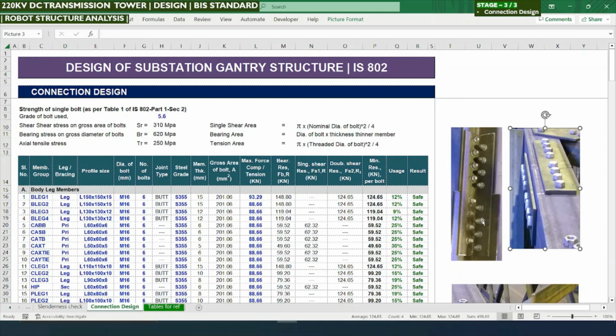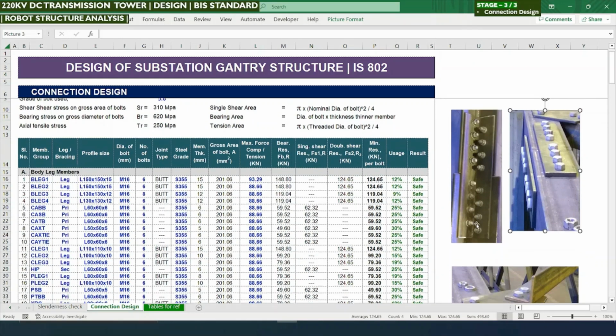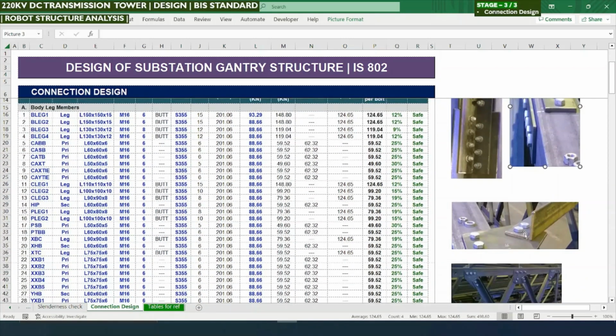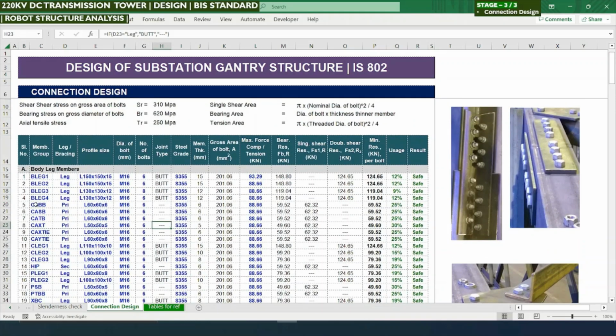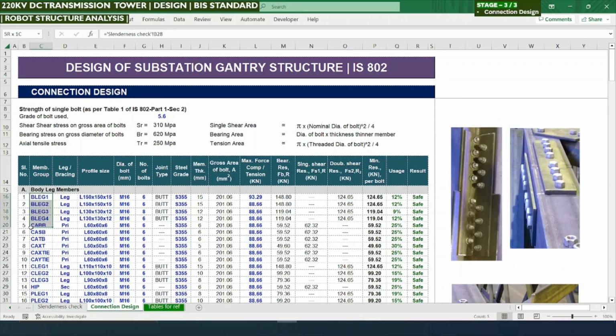That is why we say double shear resistance is applicable for main leg members, but here only one flange is fitted to the bracing member with the bolt, so only single shear is applicable for the bracing member. This member group we can pick from the slenderness calculation.